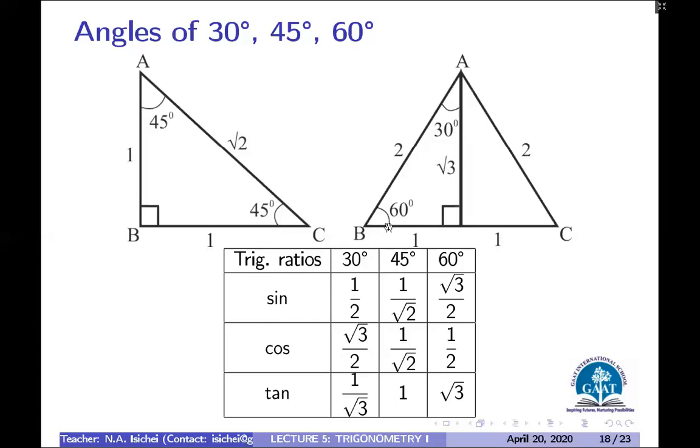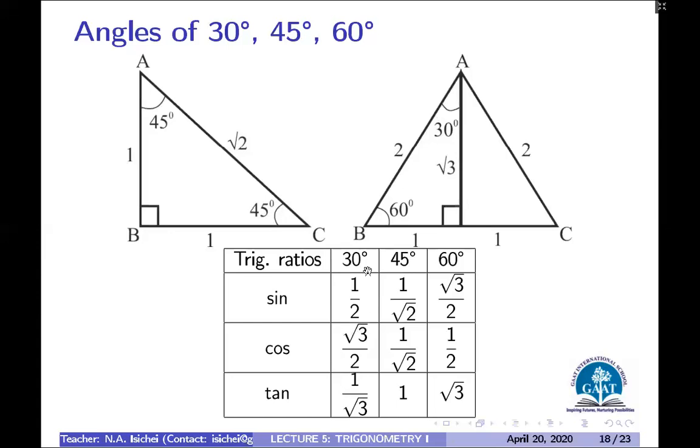Cos 30, this is still the opposite. That means this side here, the altitude of the triangle, is the adjacent in this case. So adjacent over hypotenuse, cos 30 is root 3 over 2.